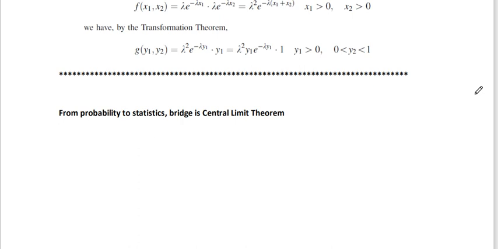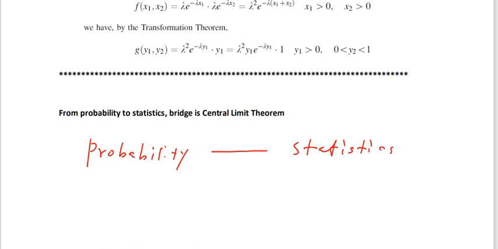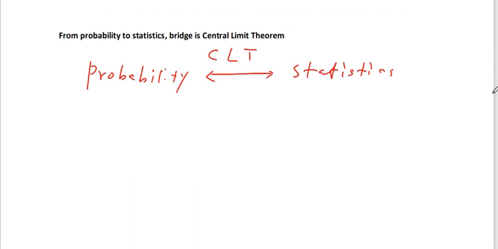From probability to statistics, the connection between them is called the central limit theorem. So what is the central limit theorem? It is just this: x bar follows a normal distribution. We are quite familiar with this result, right? So this is the central limit theorem.